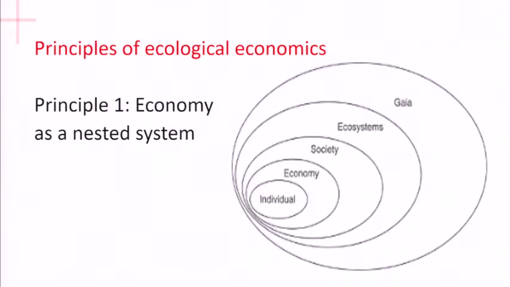As already stated, we know that economy is at the center, at the core, and it is embedded inside the society, and the society is embedded inside the environment. Now, when we look at the principles of ecological economics, we know that economy is a nested system.